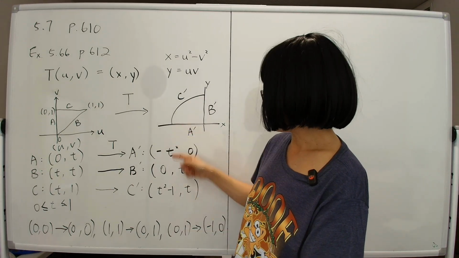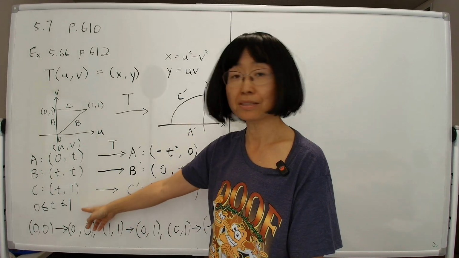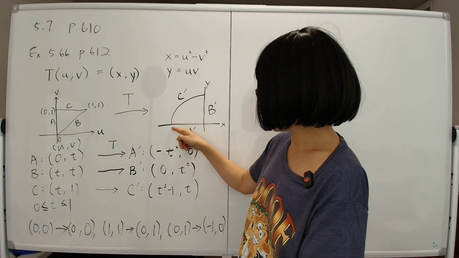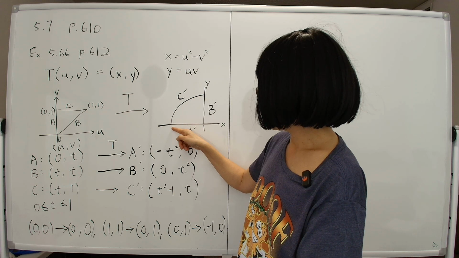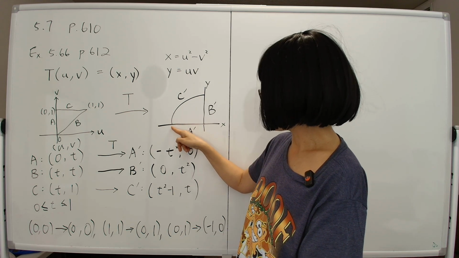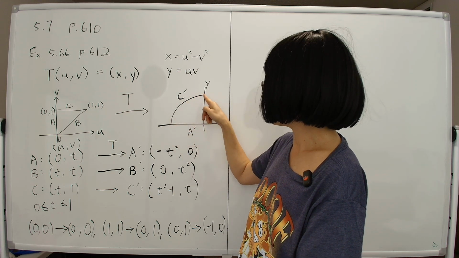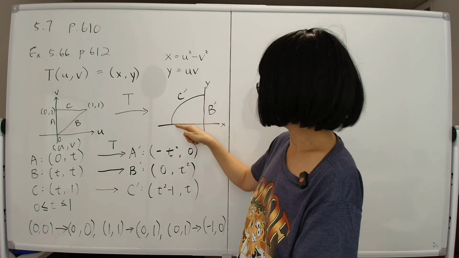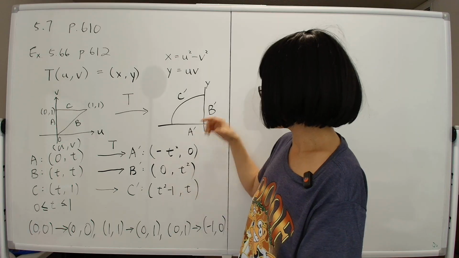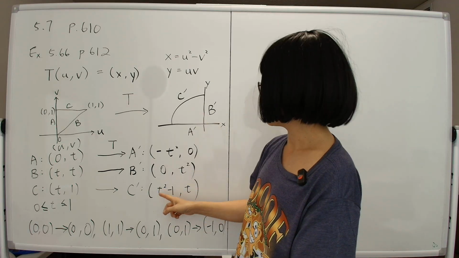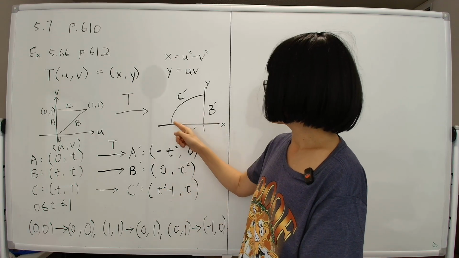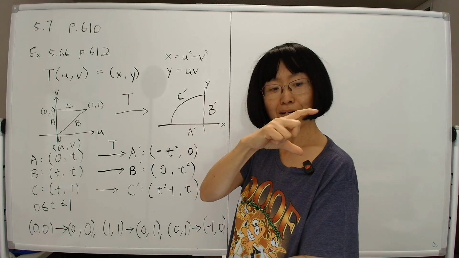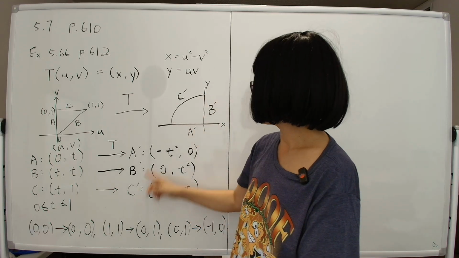If you plot that for t going from 0 to 1, when t is 0 it's at (minus 1, 0), and then it goes all the way up to, when t is 1, (0, 1). As you can see, there's a square here, so it's a sideways parabola in parametric form. Here's your parabola going to the side, and that is the C line.